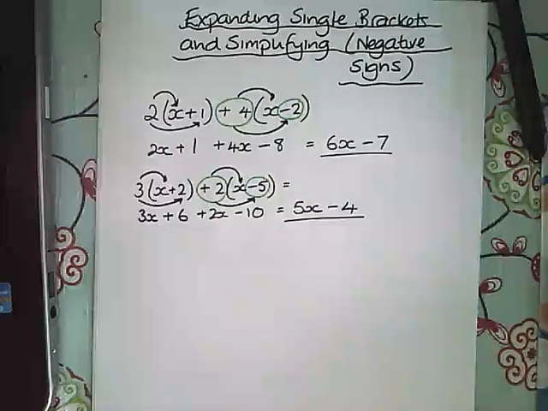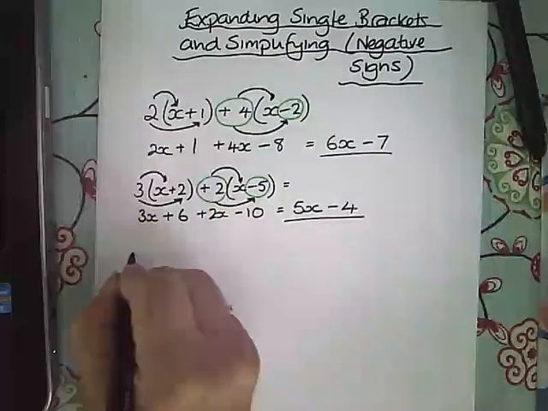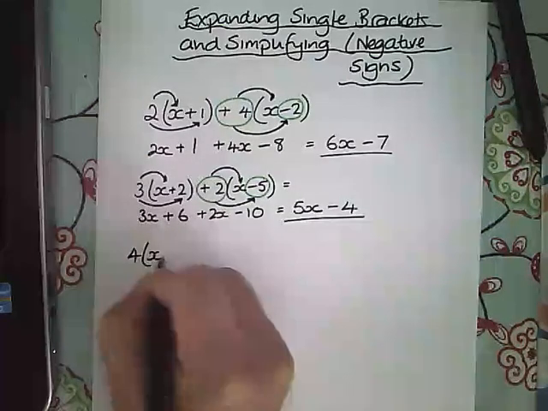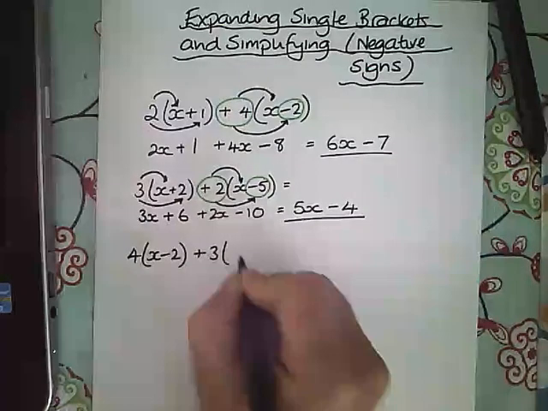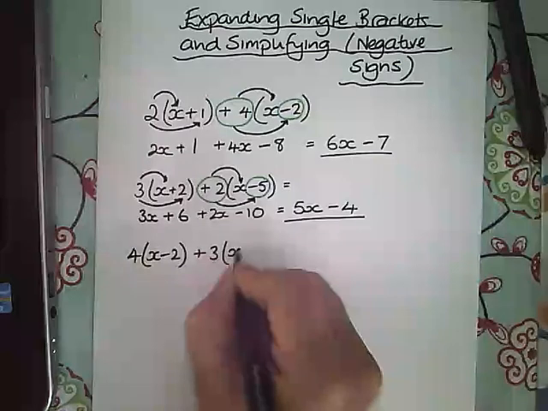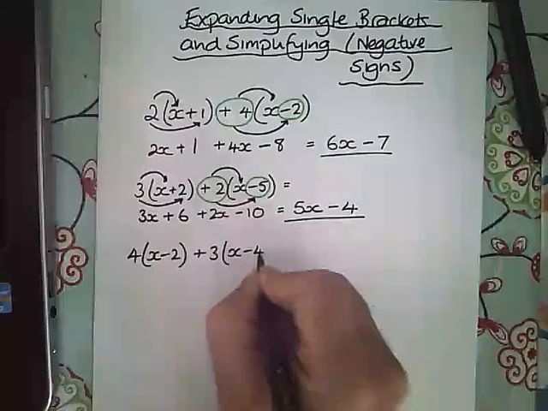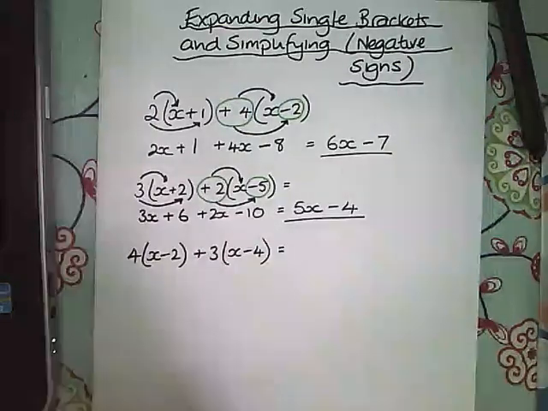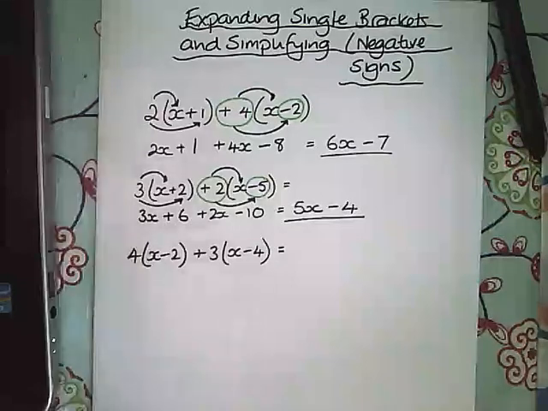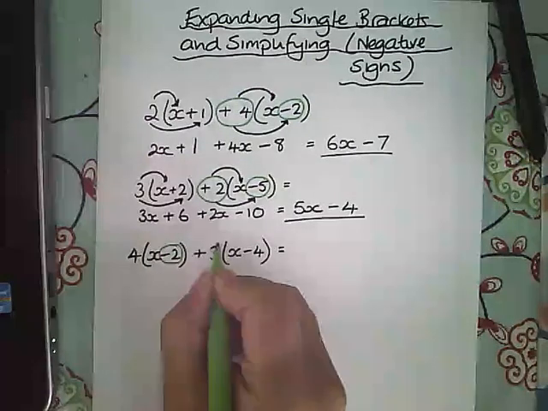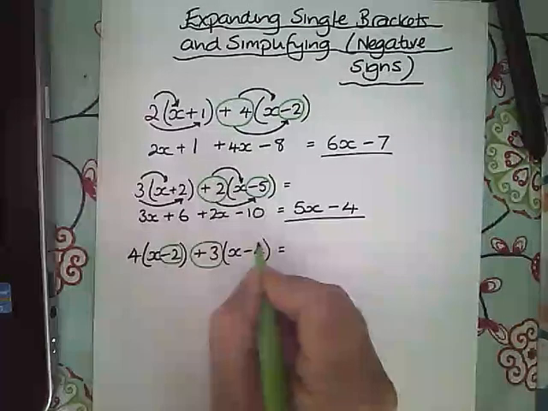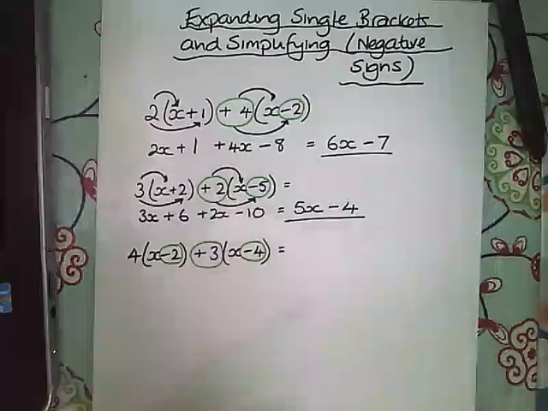Right, I'm going to put a negative sign in the front bracket this time. So 4 bracket x minus 2, keeping this one positive, plus 3 bracket, make this one negative, x minus 4. Again, once the negative sign comes in, if you circle the numbers to keep the signs with them, then this will help you.